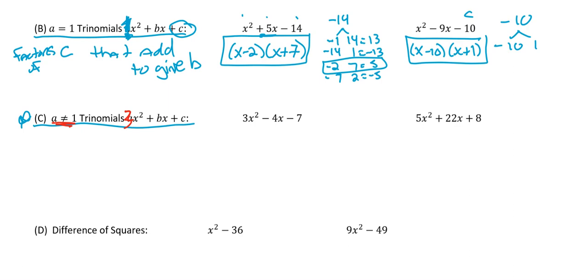So when A is not one, the way we are going to approach this is the first thing you're going to have to do is find AC. And I'm sorry, for all these factorings, for B and for C, look for GCF. Anytime, any problem, the first step would always be to look for GCF.